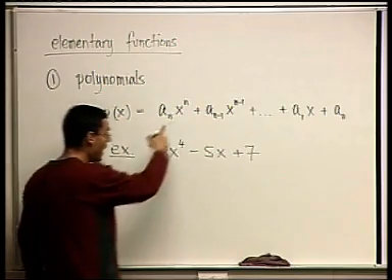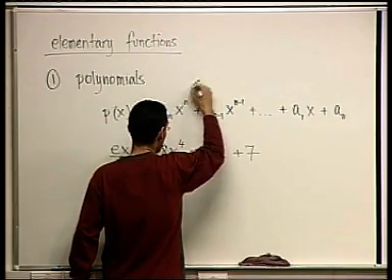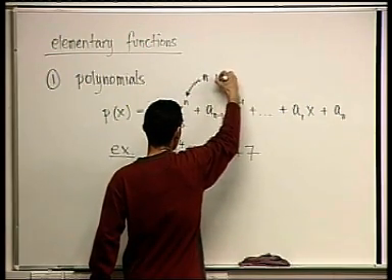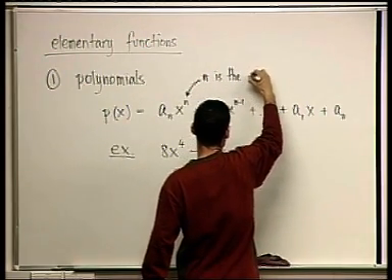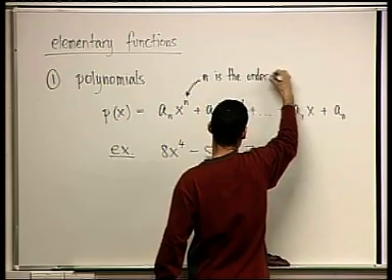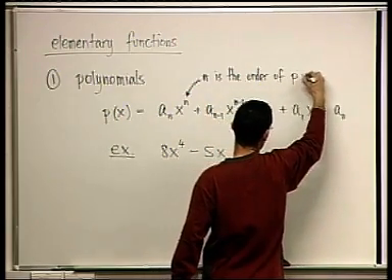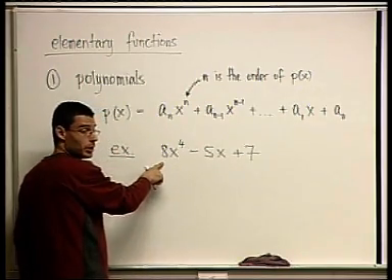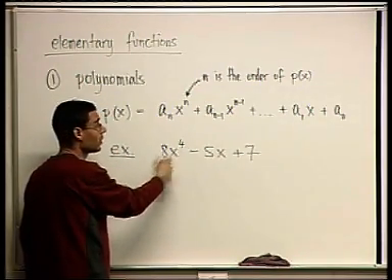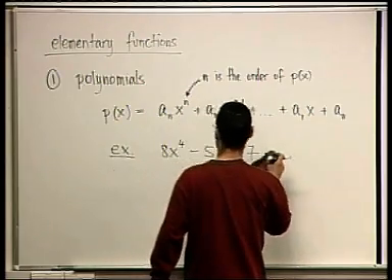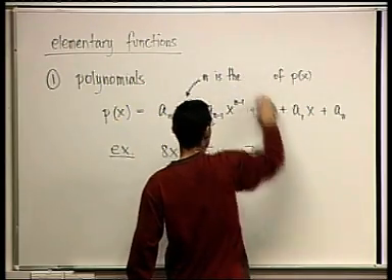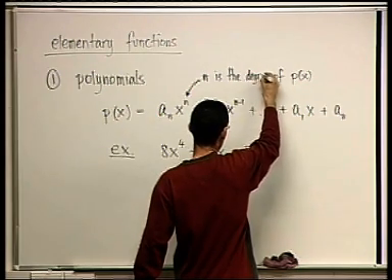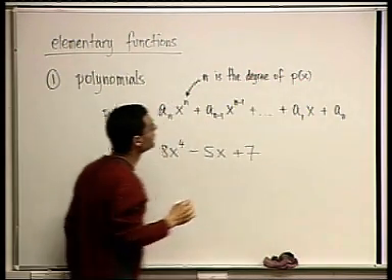And the highest power, do you know what it's called? Right. This n is the order of p. So this, for example, is a polynomial of order 4. Or usually it's called degree rather than order. I prefer to use the word degree. Order is also okay.